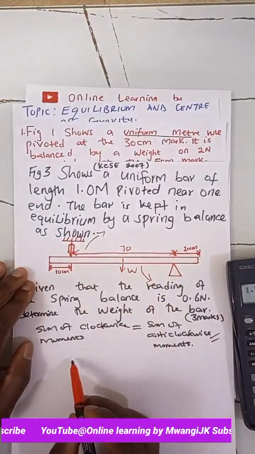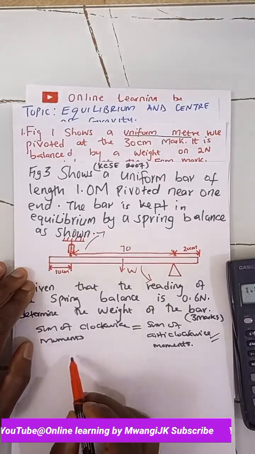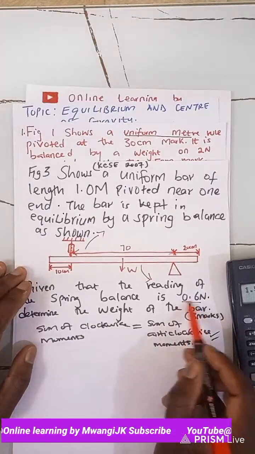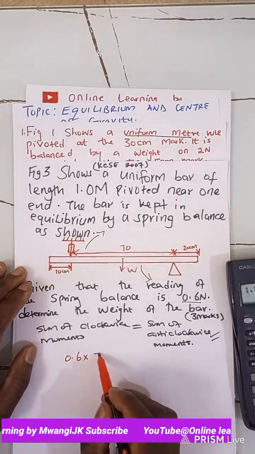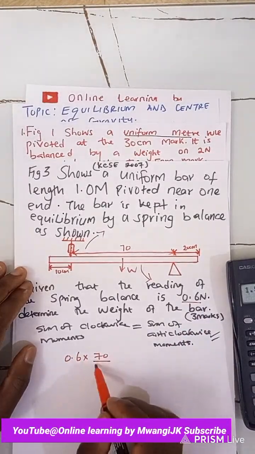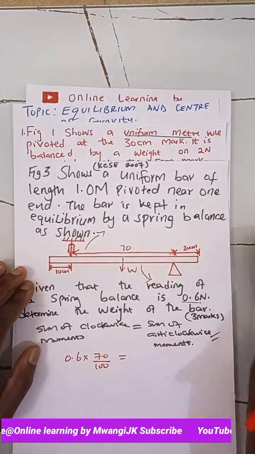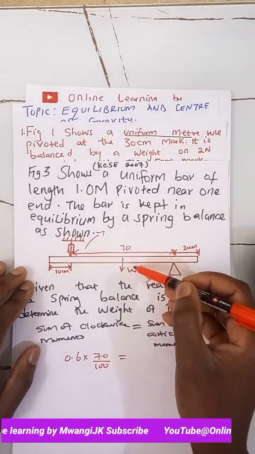So the force is what is read on the spring balance. So 0.6 we multiply by the distance, which is 70 over 100, and this is equal to the sum of the anticlockwise moments, which in this case is the weight.